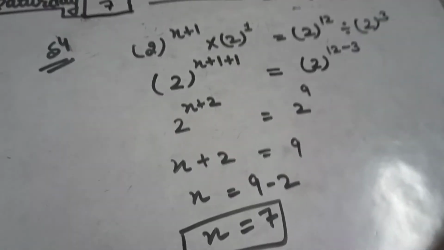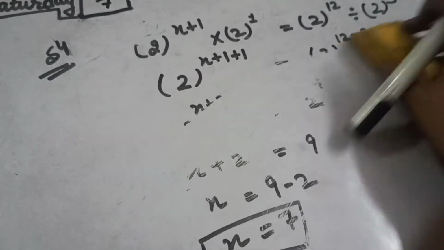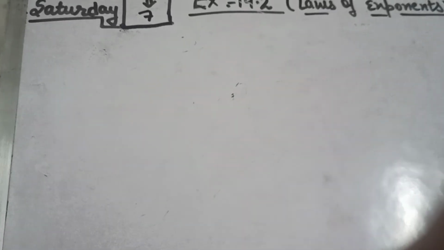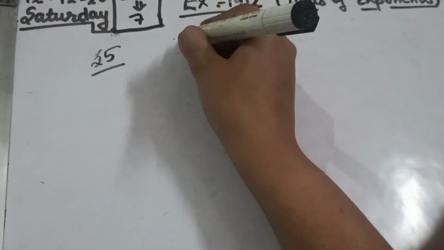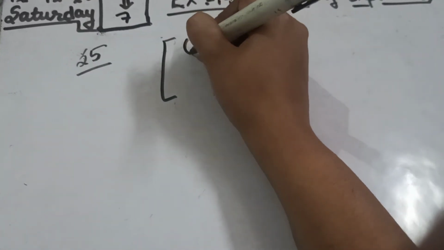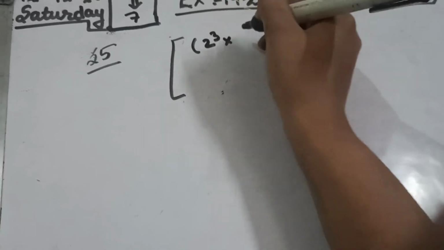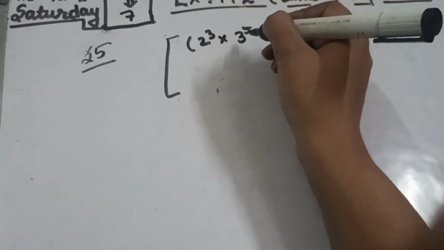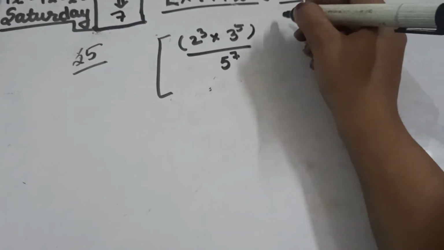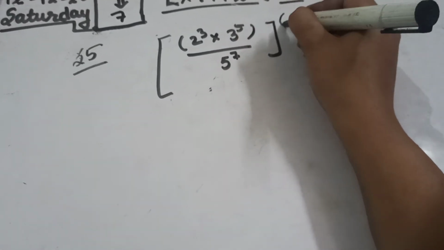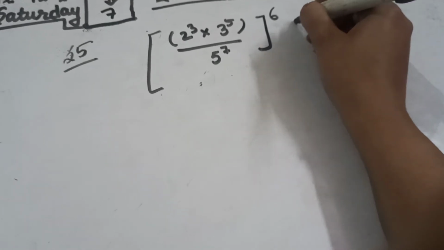Now the next, S5. Simplify the expression and find the value. So here the expression is 2 the power 3 multiply 3 the power 5 divide by 5 to the power 7, again to the power whole is 6.